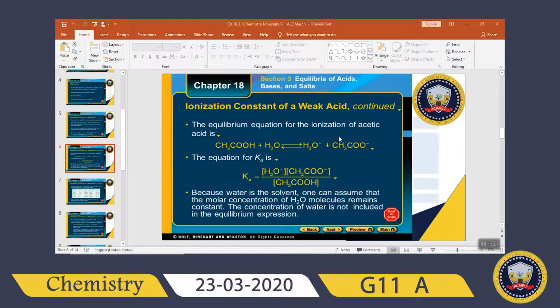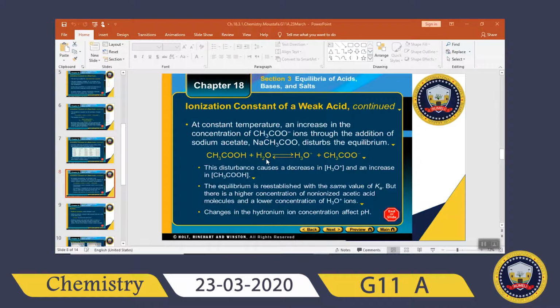Now you have a high concentration of acetate ion, which will react with the hydronium ion to produce acetic acid again, returning to the common ion effect. So adding sodium acetate will disturb the equilibrium and shift the equilibrium to the left side or to the right side.